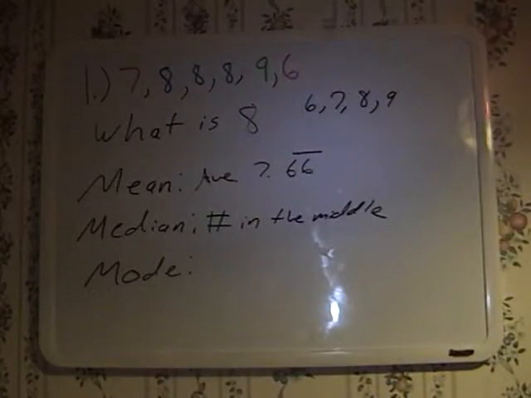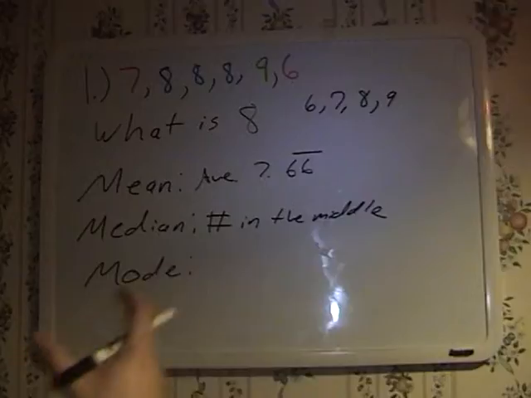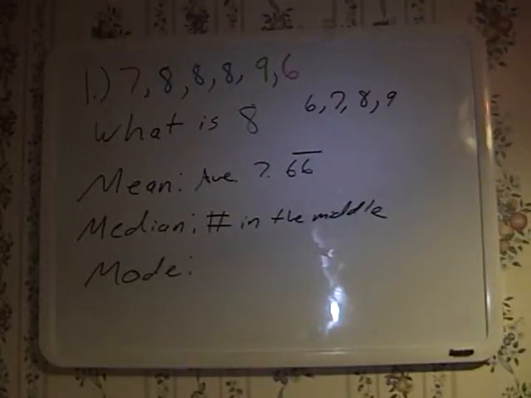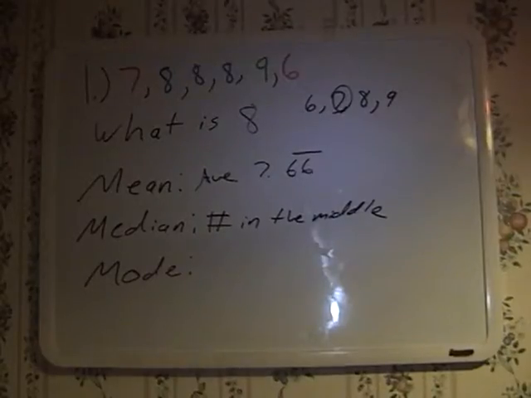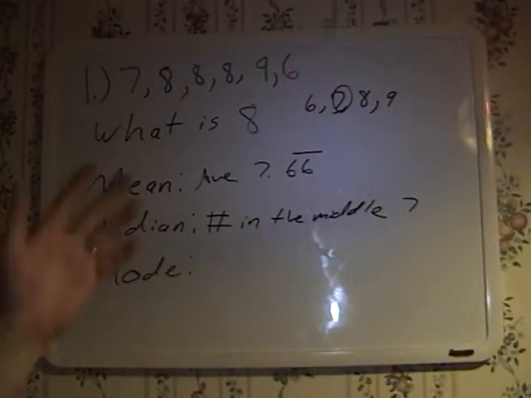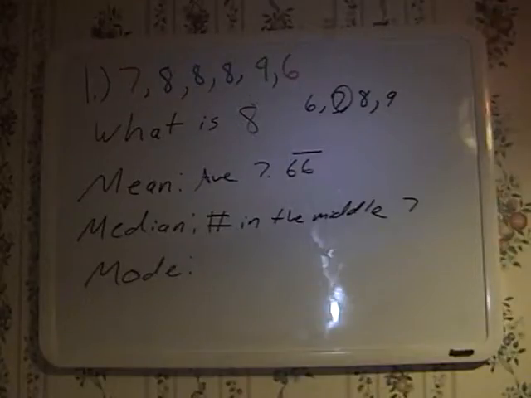In this example, we really need one more number to make it look better, because if you have 5 different numbers, it's a little easier to find. But right here is probably where you're going to find your median, right there at 7 or 8. In this case, I'm going to say it's probably 7. It's really probably 7.5 actually.